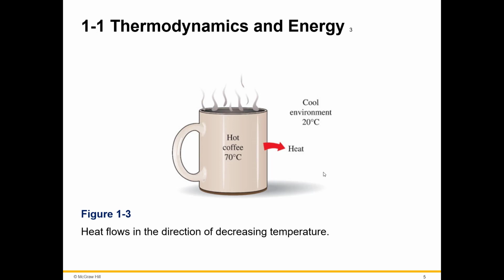If you put a glass of ice water on your countertop, the heat is going to move in the direction of decreasing temperature. It goes from hot to cold, and so then it will warm up. That's because we are always trying to reach equilibrium. Is equilibrium a boiling cup of water?